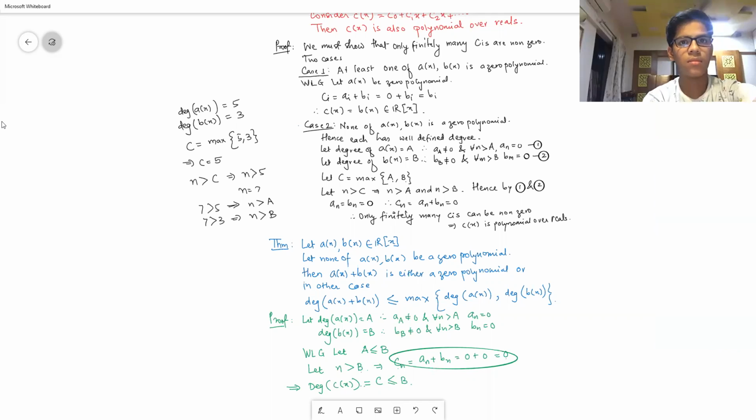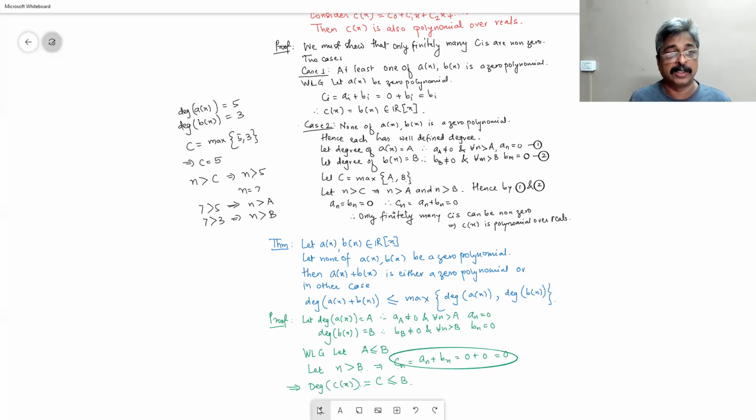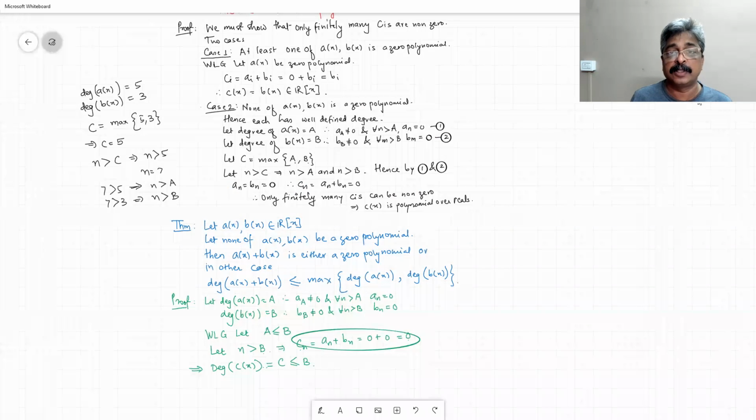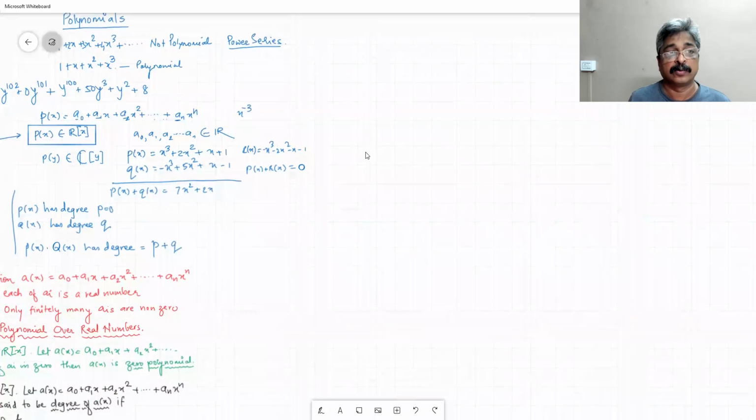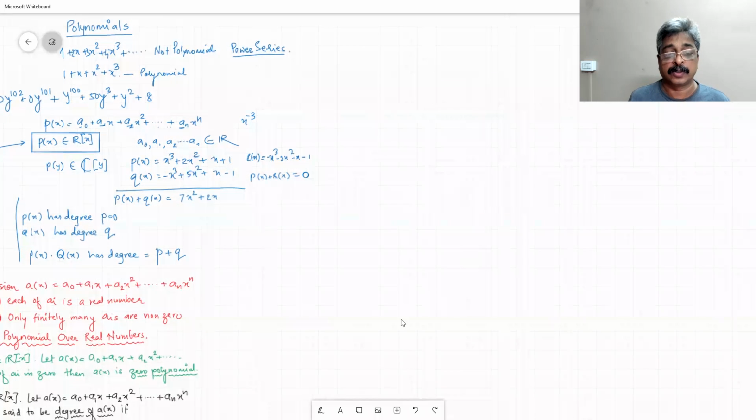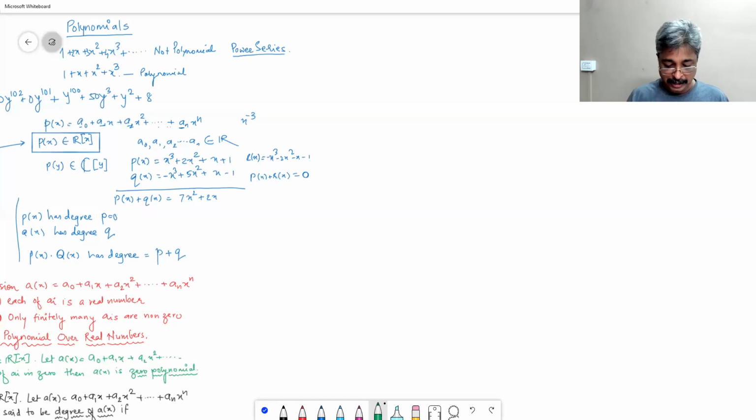So what I am going to do now is I will give you some experience about, let me use the sideways now. Okay. Let us suppose I write a of x is equal to 5x cube plus 2x square plus x minus 1.